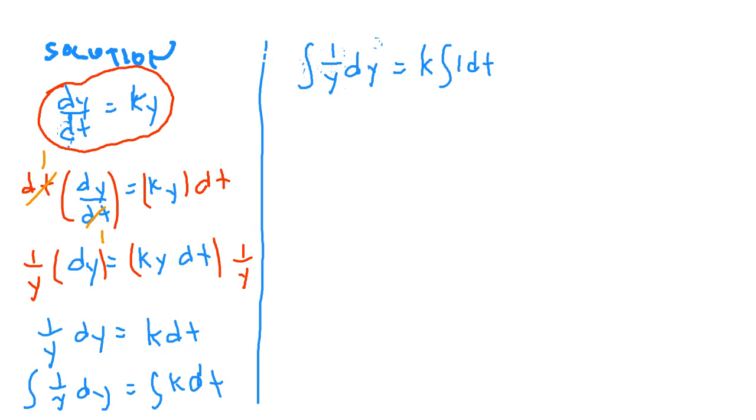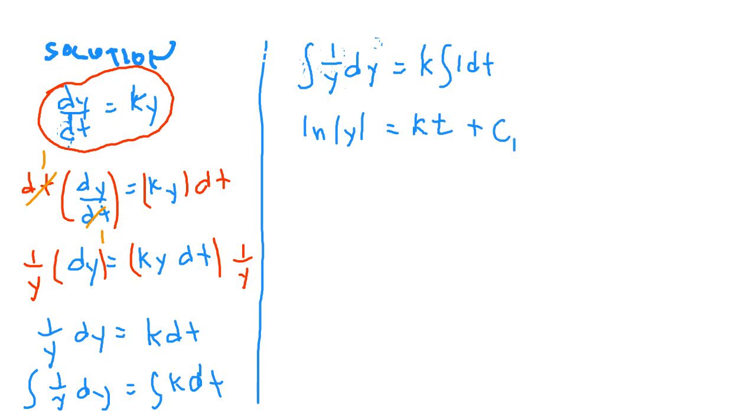So what's the antiderivative of 1 over y on the left side? Good, that's right, D'Angelo, the natural log of the absolute value of y. And the antiderivative of 1 is t. And then, we know that both sides give their own constants of integration. We can combine them, and on the right side just have a c1 there.